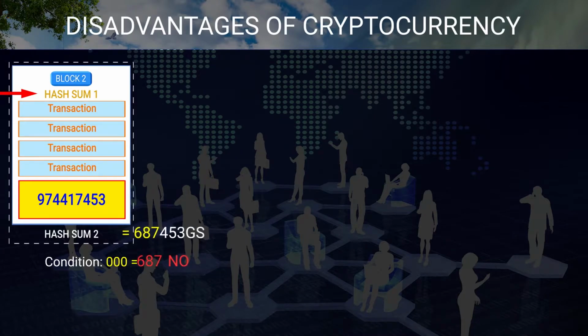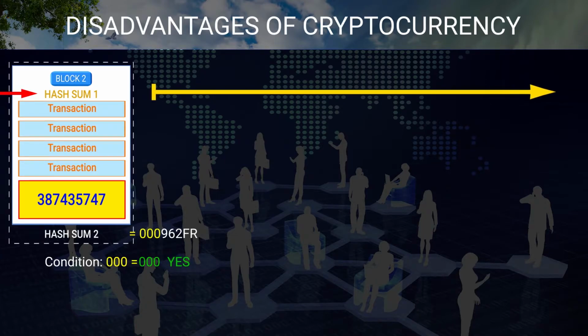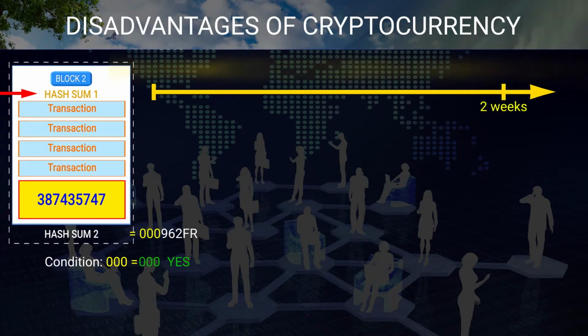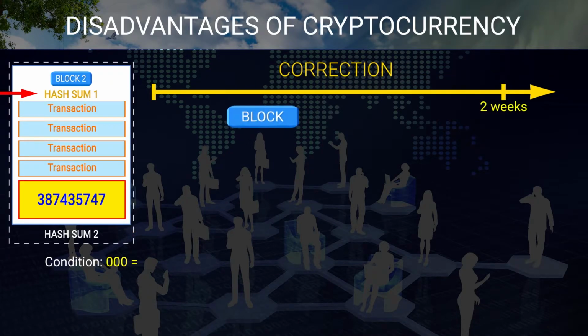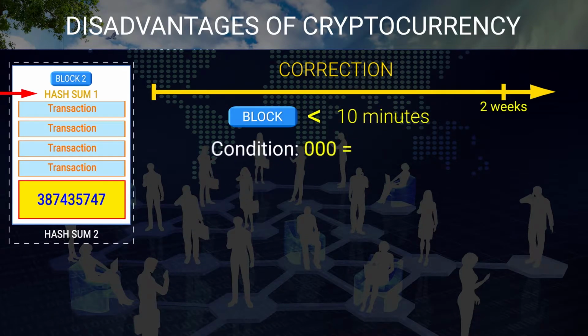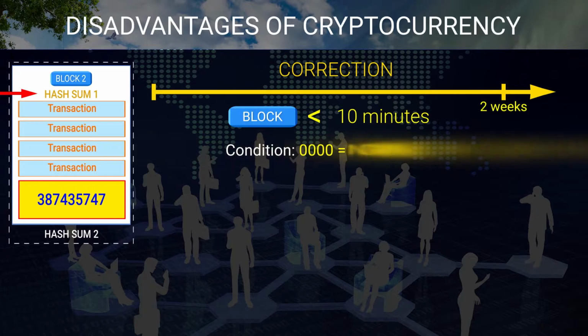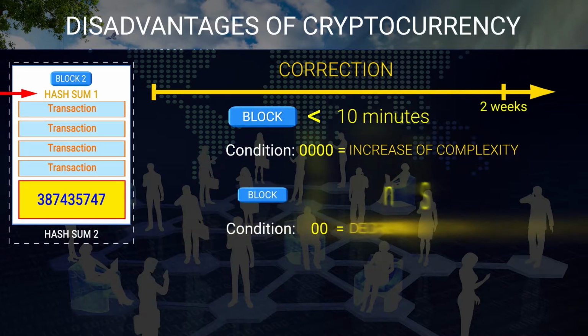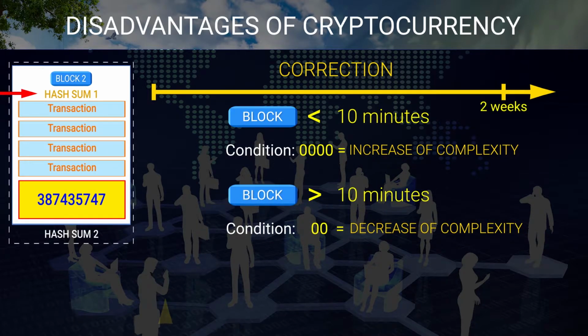They do this until the generated hash sum meets all the conditions and fits. Approximately once in 2 weeks, the system makes automatic corrections. If blocks are found faster than in 10 minutes, the goal becomes more complicated. If less often than 10 minutes, it becomes less complicated.